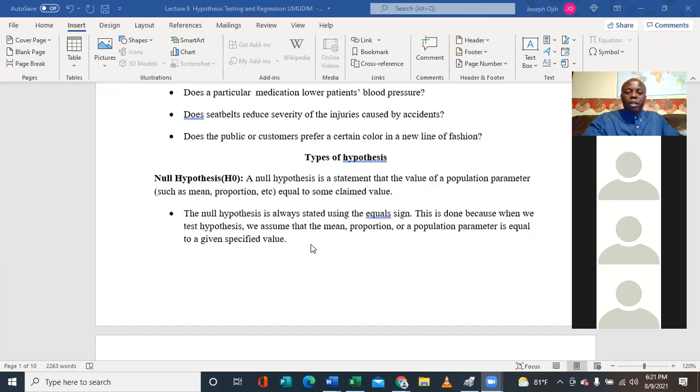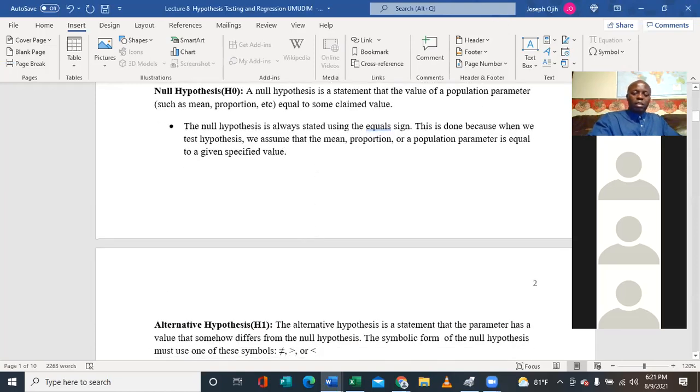Basically, we use symbols like equals, less than or equal to, greater than or equal to. These are some of the symbols we use when stating the null hypothesis, because it involves some type of equality.